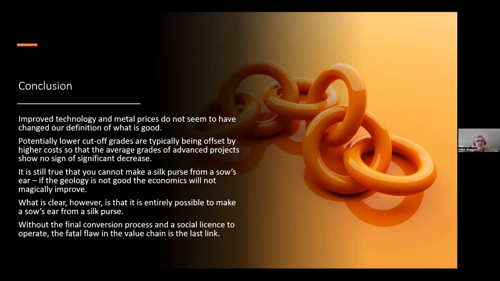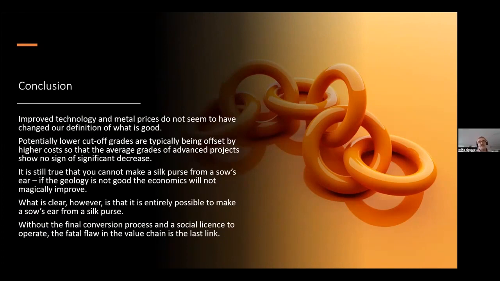But what is good still seems to be what is good. You know, a marginal project seems to be a marginal project. And partly that's because potentially lower cutoff grades are typically being offset by higher costs, so that the average grades of advanced projects aren't really showing any sign of significant decrease, at least not yet.